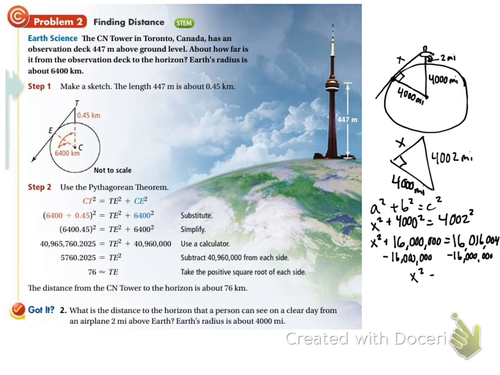So x squared is equal to 16,004. Then to get x alone, I'm going to square root it. We get that x is equal to about 126.5 miles. So the horizon from where this person on the airplane is looking is about 125 miles, depending on how we went around it.